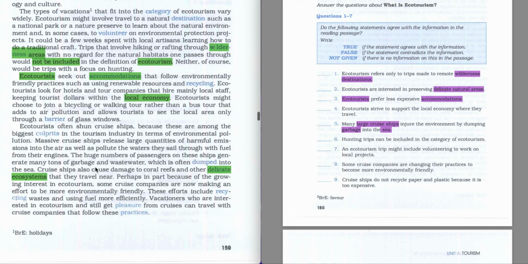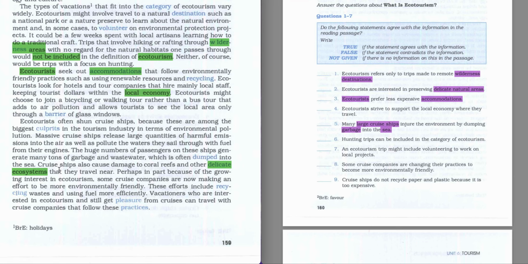And then we go further, and we have here, as you remember, delicate ecosystems. We have some information about cruise ships in this paragraph. Let's scan this paragraph only, and in the second sentence, where they for the first time mention cruise ships, they were saying about harmful emissions into the air and the water. So harmful emissions, let's highlight this keyword.